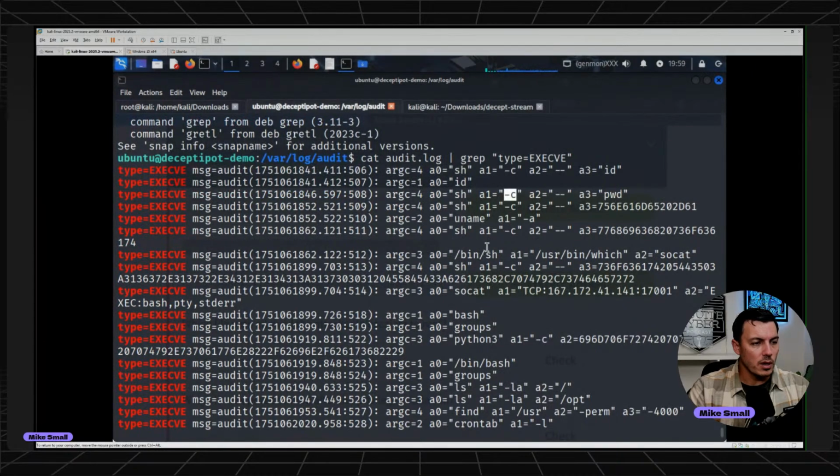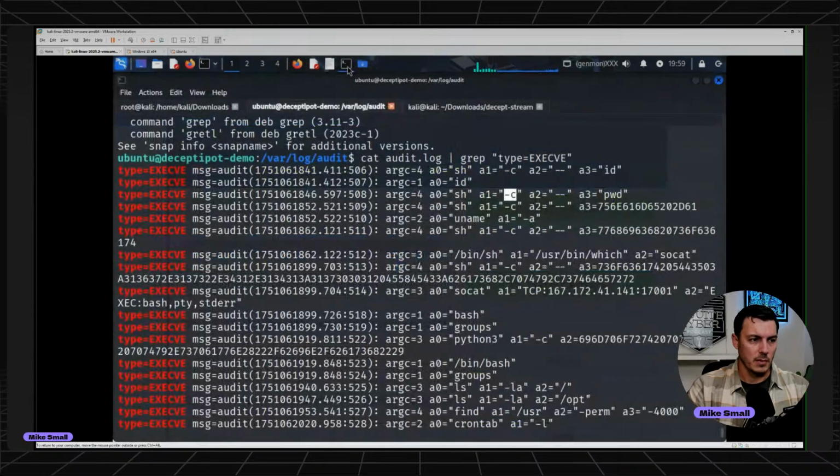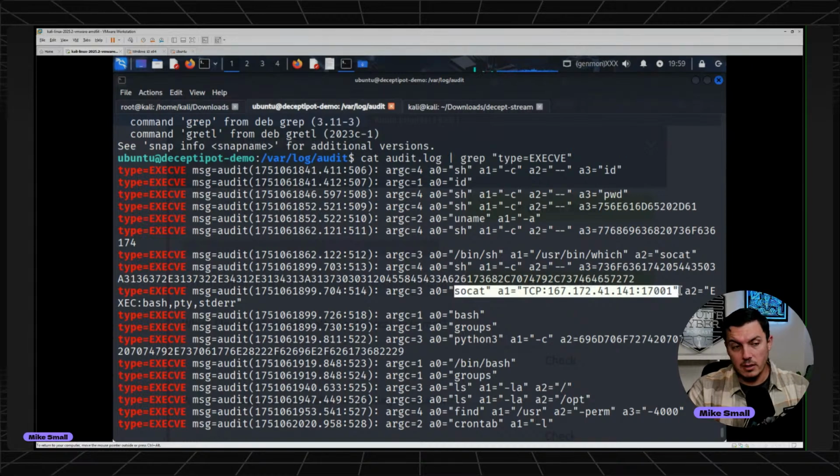Now what we're looking for in here is, what is that, backdoor? What allowed them to escalate to root? That's what we're looking at. So we see SOCAT here setting up another command shell. This isn't privilege escalation, right? It asks us about privilege escalation, so we don't think they have privilege escalation yet.